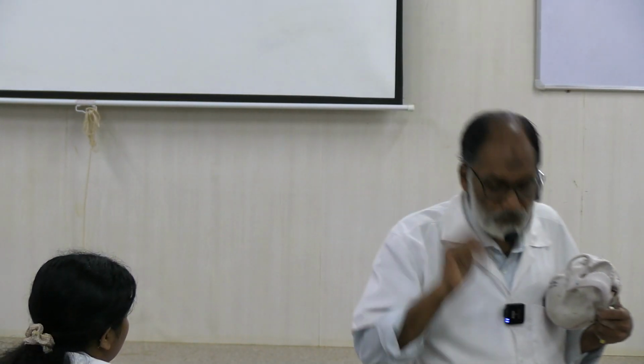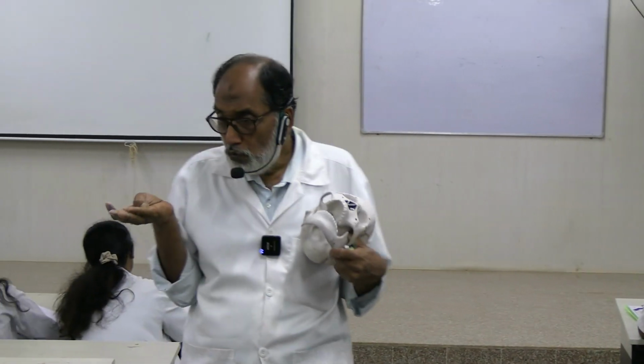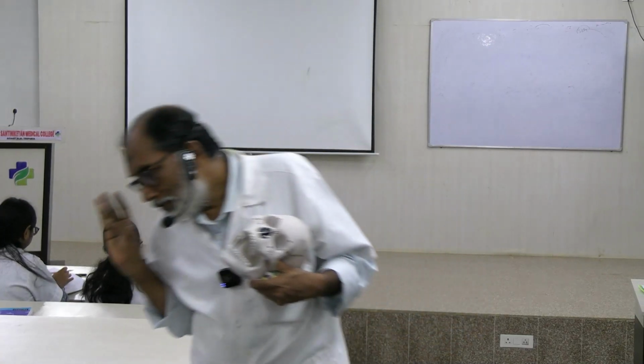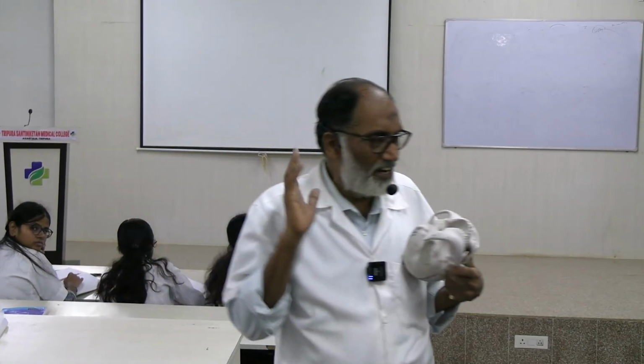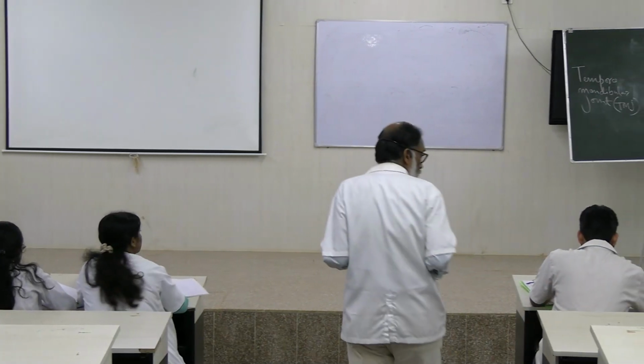Buccinator is an accessory muscle of mastication, not a primary muscle of mastication. Number two, temporalis. Very good. Medial pterygoid and lateral pterygoid. There are four muscles of mastication: medial pterygoid, lateral pterygoid, masseter, and temporalis.